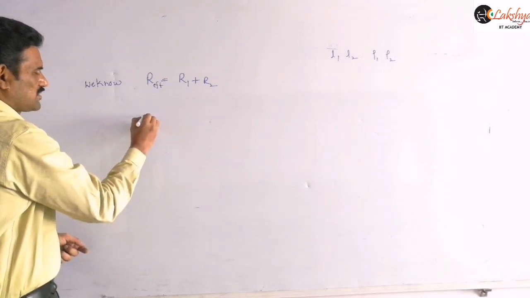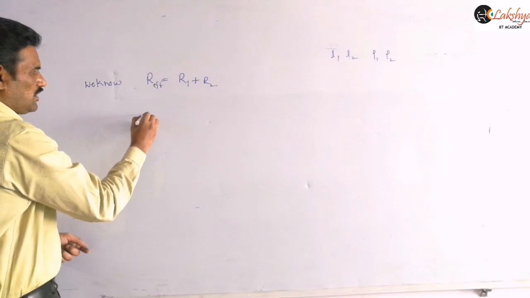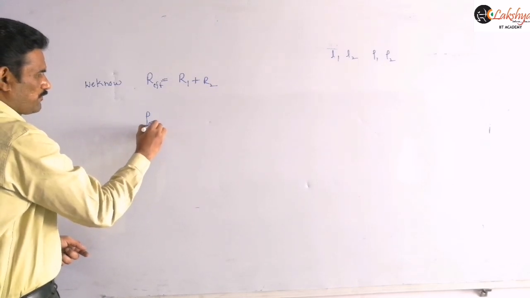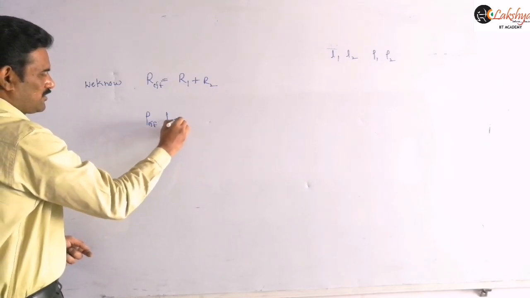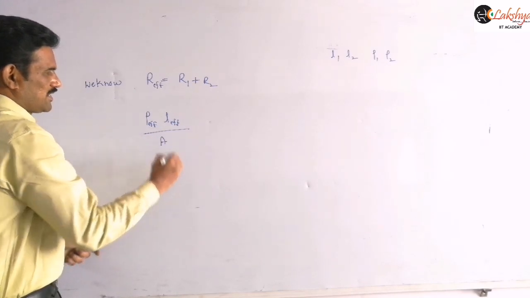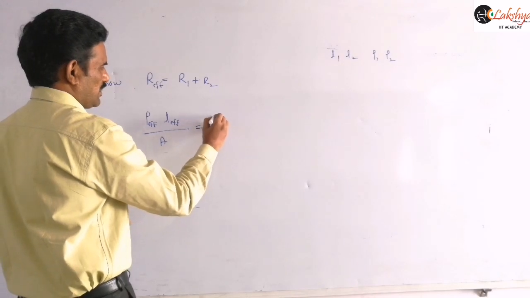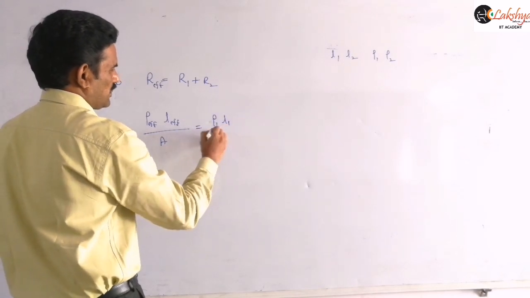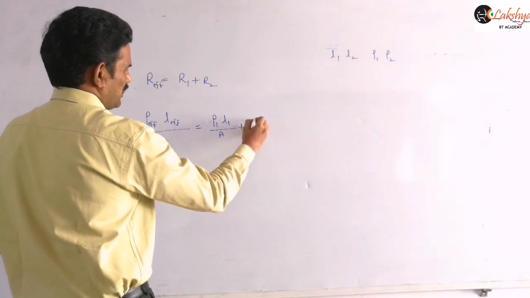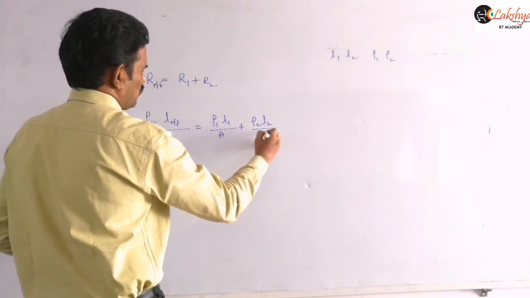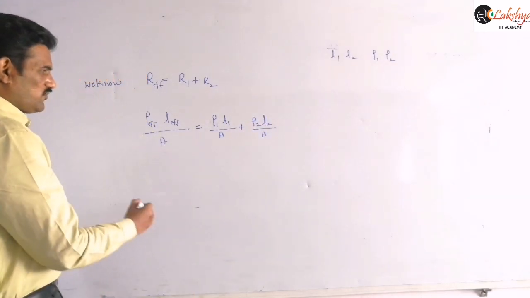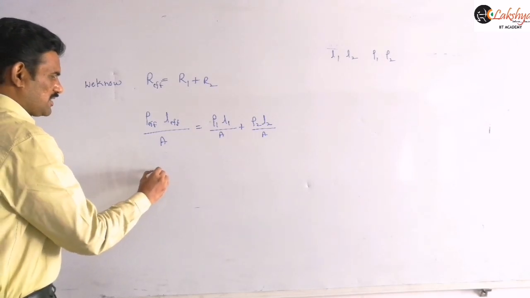I can write this as rho effective into effective length, because when they are joined in series the length also changes, but the area of cross section remains the same. And this value will be rho 1 into L1 by A plus rho 2 into L2 by A, right? And from this the A value we can cancel.